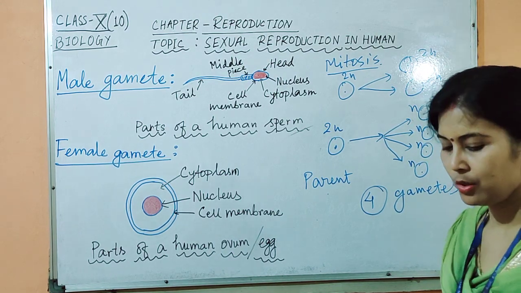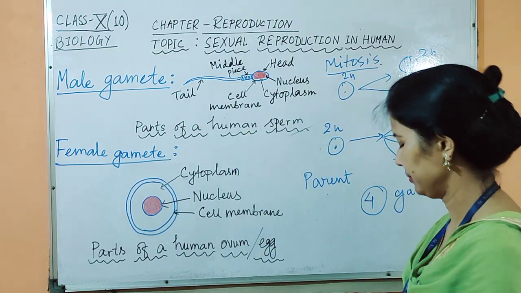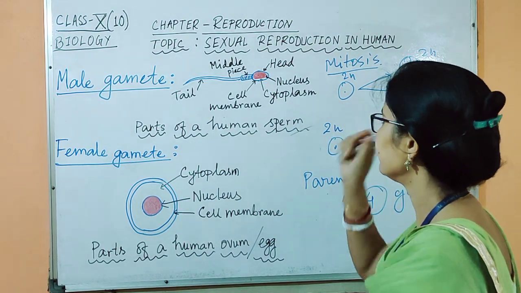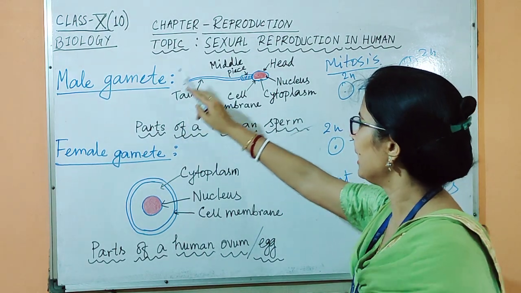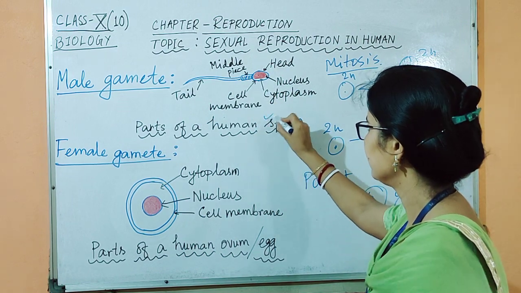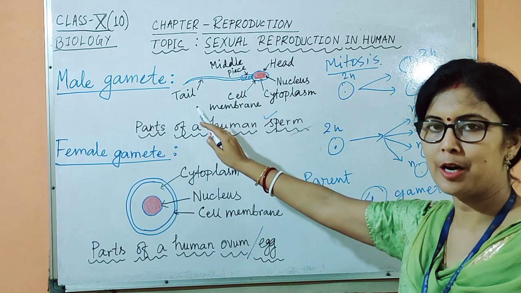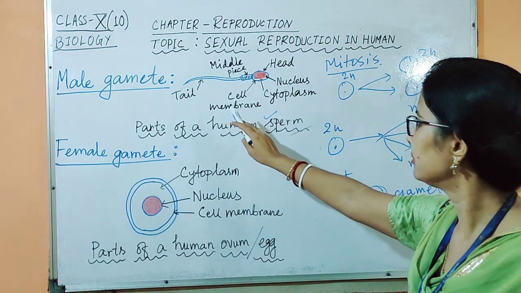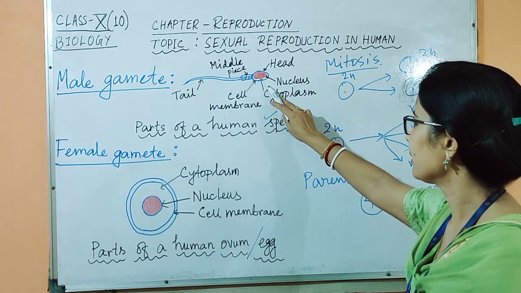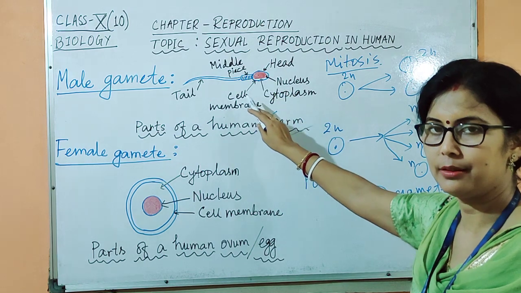Now we'll move on to the gametes. The male gamete from the human body is known as sperm. A single mature sperm has the following parts. The first part is known as the head.